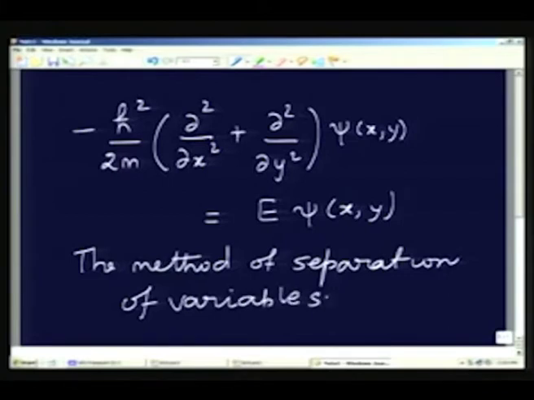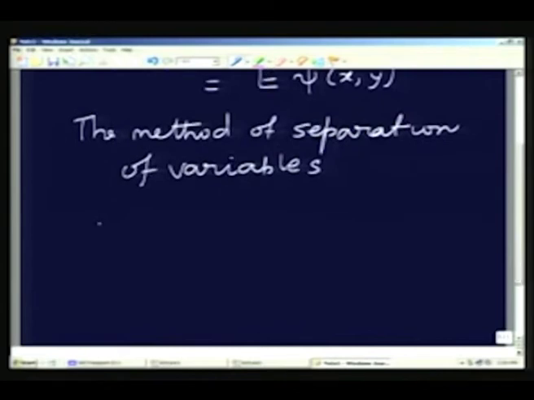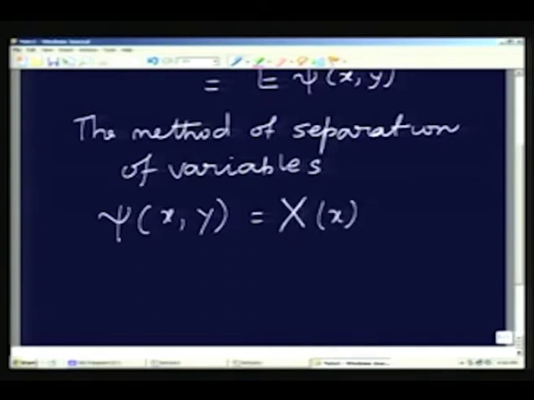Separation of variables. The variables here are x and y for the solution. According to this method, if we write psi of x, y as a function, let me write the function using an appropriate symbol, a function capital X which depends only on x, multiplied by another function capital Y which depends only on y.